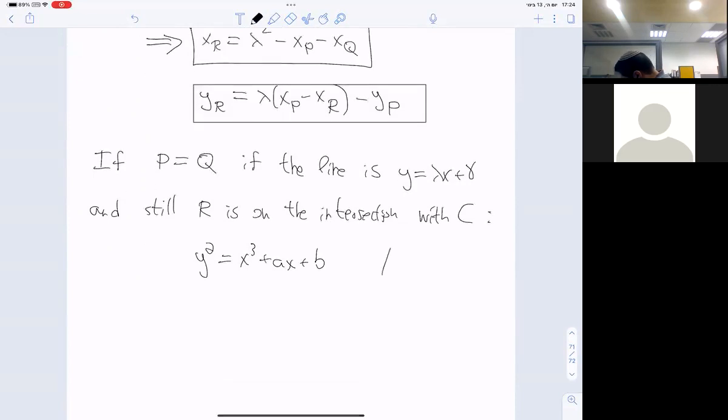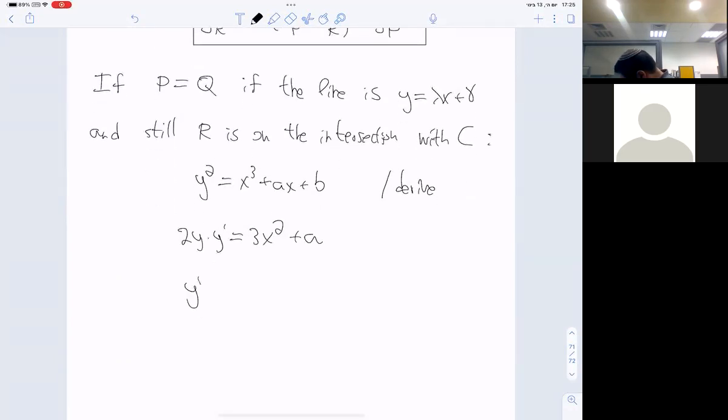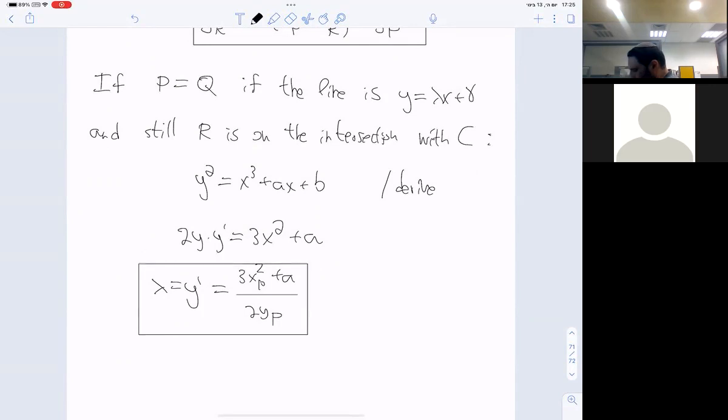If we derive, we get y tag, which is lambda. Now we put in the P. Okay, so this is how we find lambda in case we want the tangent, not when P is different from Q. And the rest is the same.